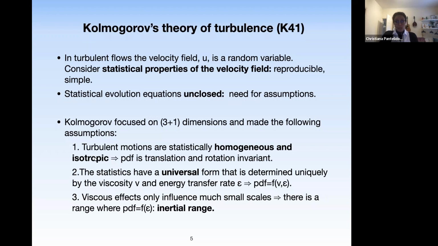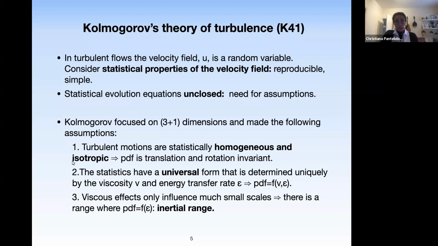Okay, this tremendously simplified the problem in the sense that it meant that the probability distribution function associated with this velocity field that was a random variable had to be translation and rotation invariant.